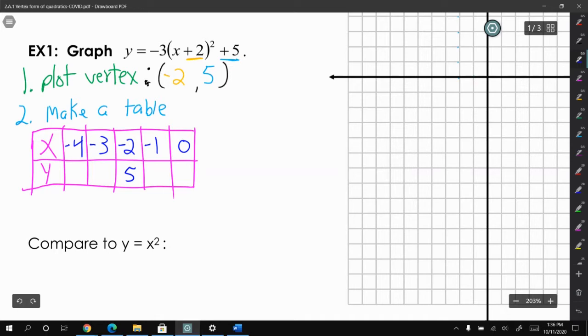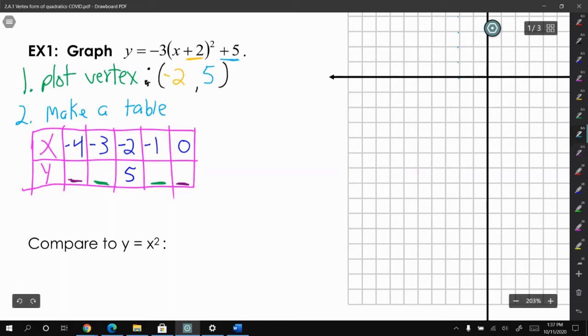The reason for this is because these graphs, which are called parabolas, are symmetric, which means that the y value when x is -3 and the y value when x is -1 are going to be the same. And the y value when x is -4 is going to be the same as when x is 0. So you only are plugging in 2 additional numbers. You don't have to plug in everything else.